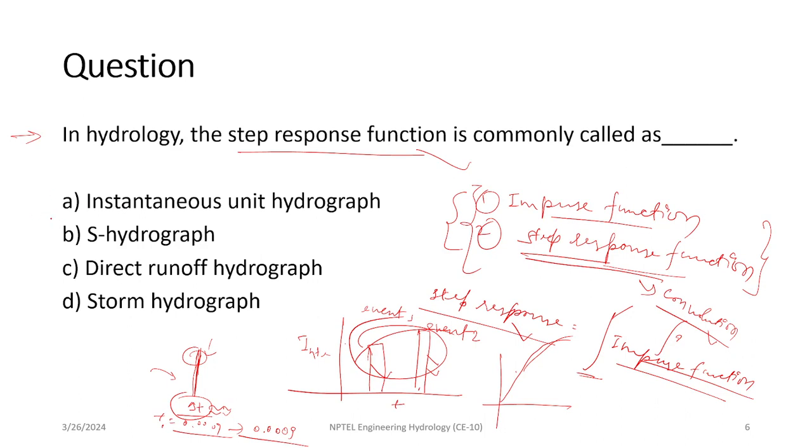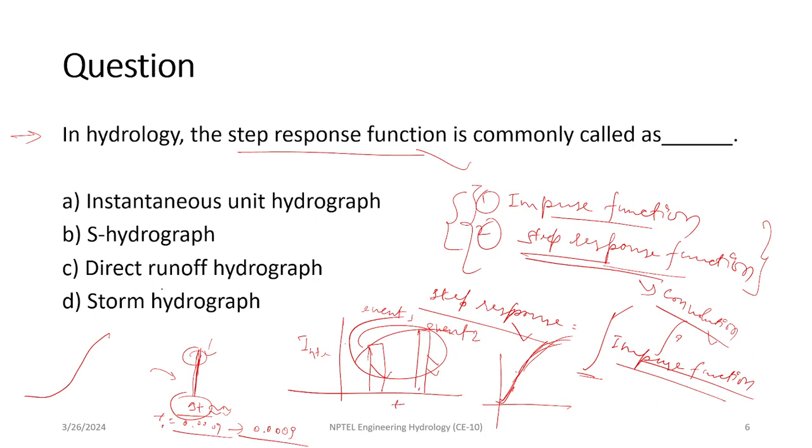Now from these options, can anyone tell me which graph, as you are aware, gives some kind of smoothened curve? A kind of curve.